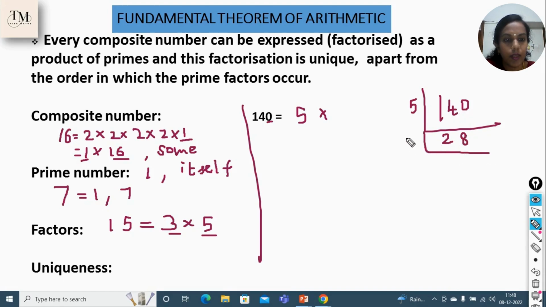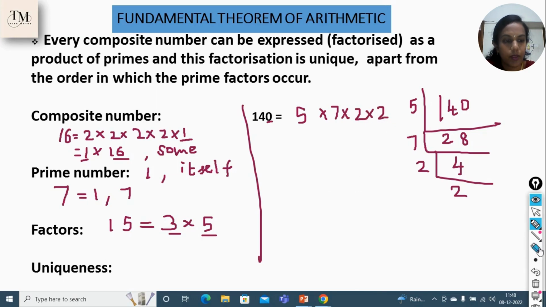This 28 is divisible by 7. 7 fours are 28. 4 is divisible by 2. So I can stop here. So 140 can be expressed as 5 into 7 into 2 into 2.